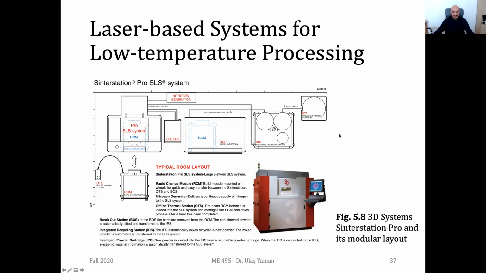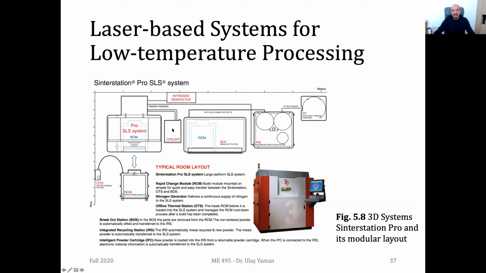This is an example system, very similar to the one I introduced to you. This is from 3D Systems, and it's their Center Station System Pro SLS system. And this is the main printer. Here, the part is fabricated. We have a chiller. I didn't show you while introducing the EOS, but they also have a chiller.